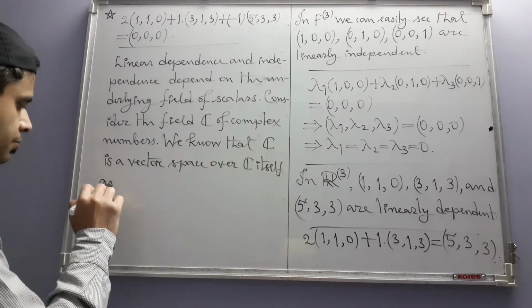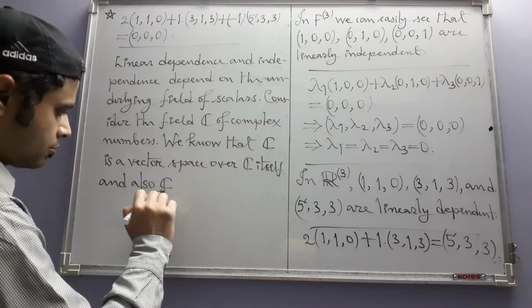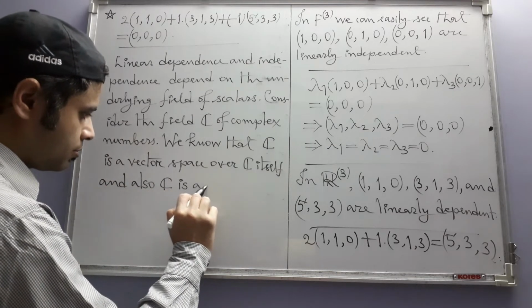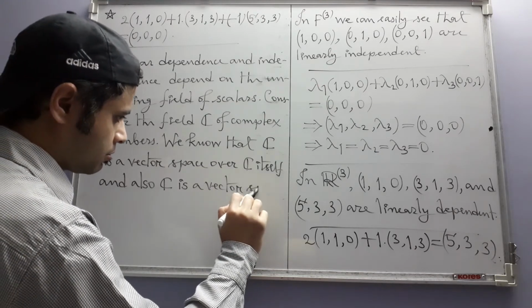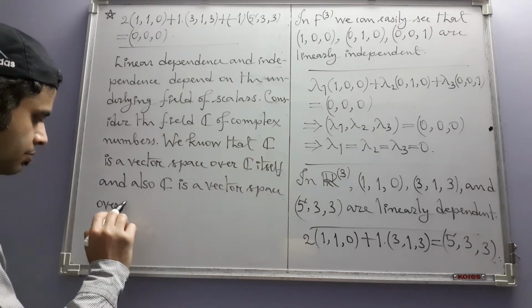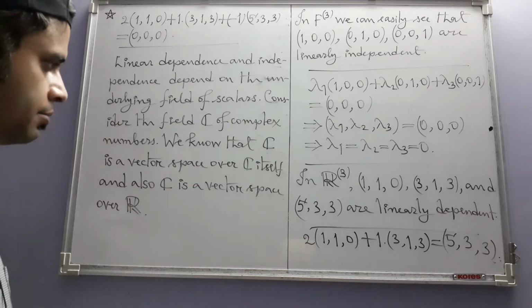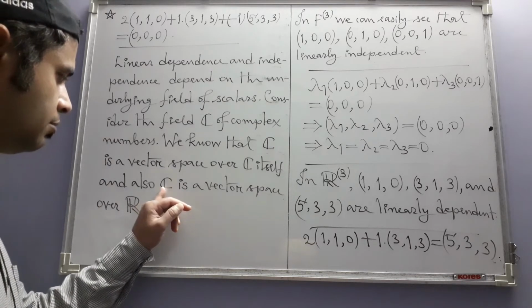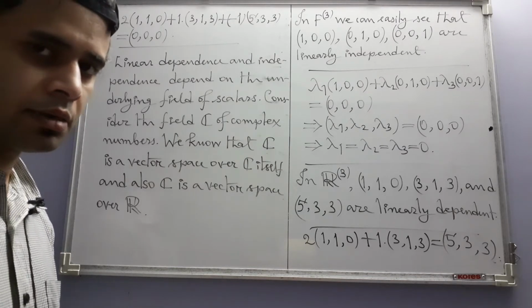And also this is a vector space over the field of real numbers. Any field is a vector space over any of its subfield.